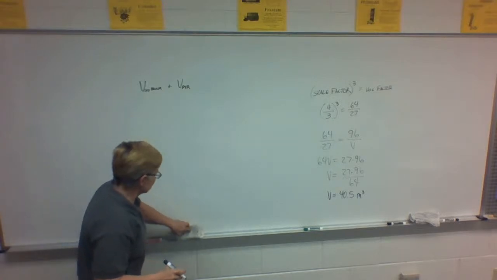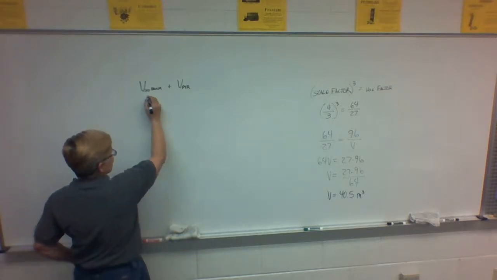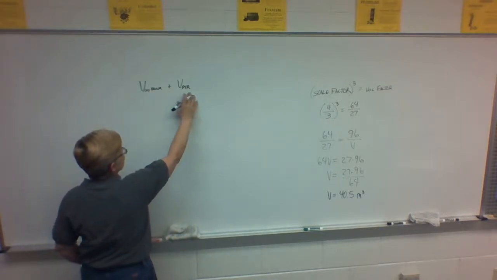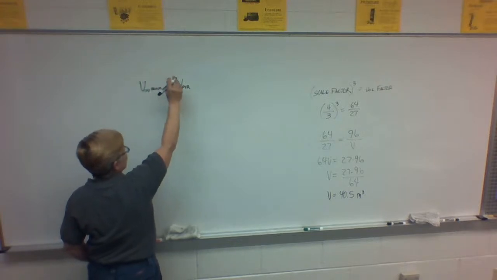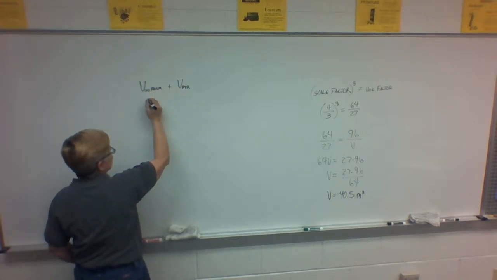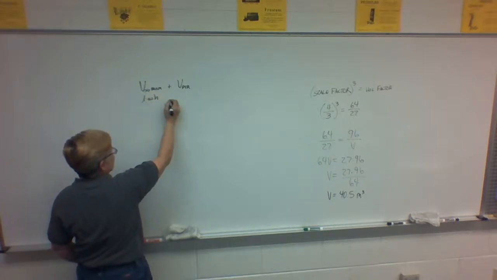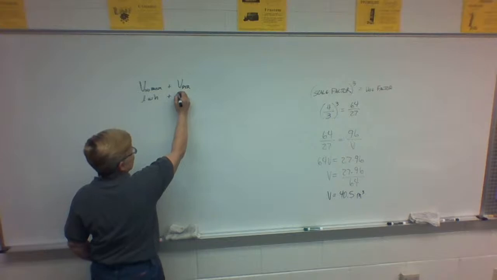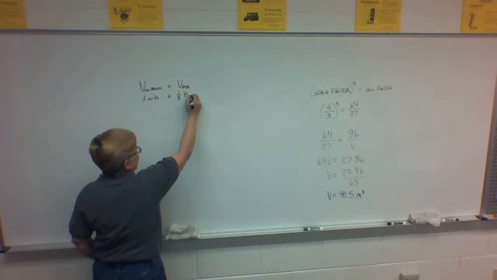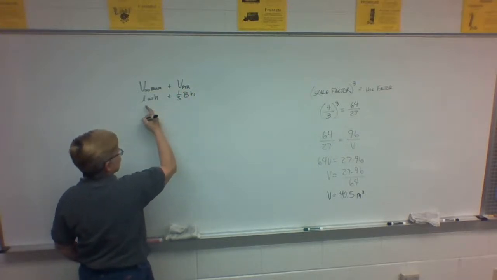This is my general strategy. I've got a square prism added to the volume of a pyramid, and the volume of a square prism is length times width times height, added to the volume of a pyramid, which we learned today is 1/3 the base area times the height. So I start to put some things in.